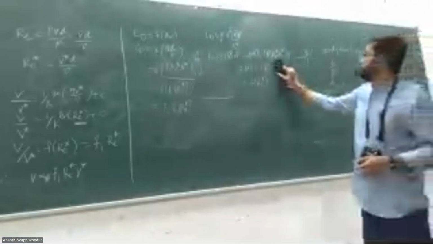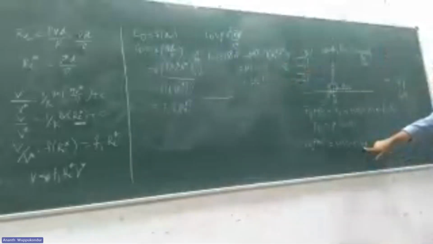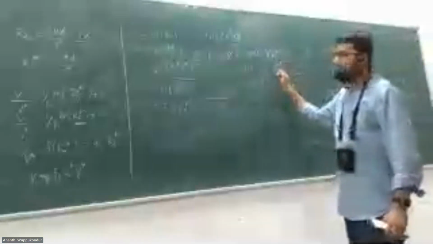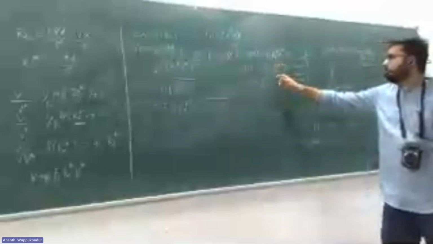Actually, that is the volume, not the velocity here. So this is the volume of the sphere. So what is the volume of a sphere? So it is a function of d cube, and you have some factor. I bring in some factor.